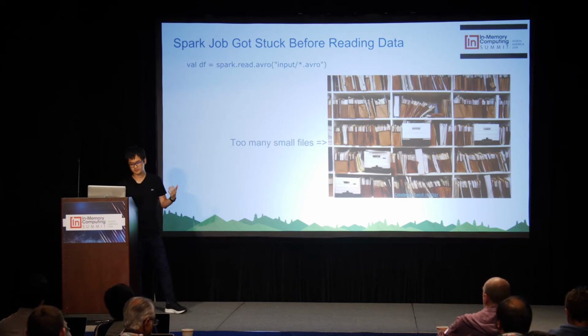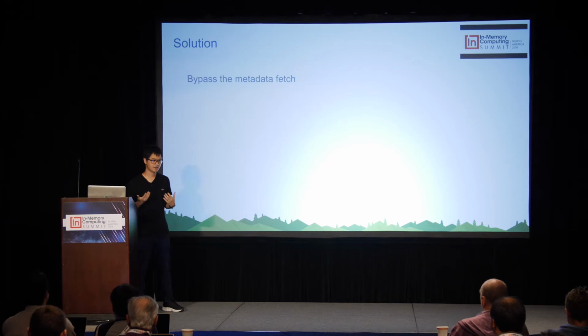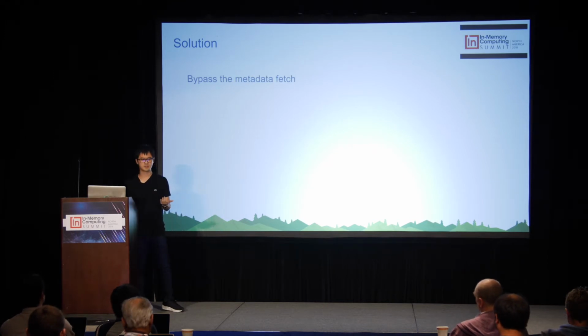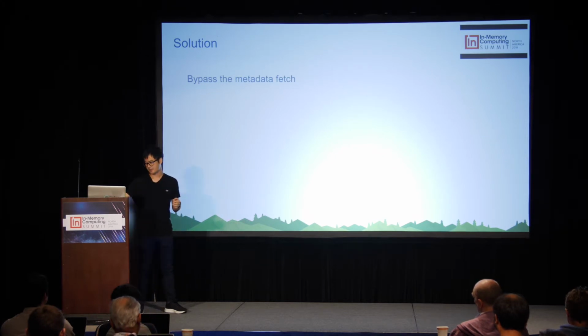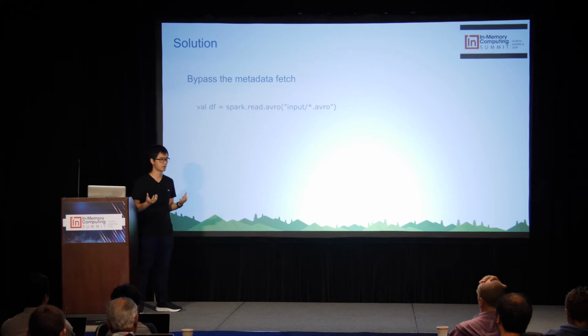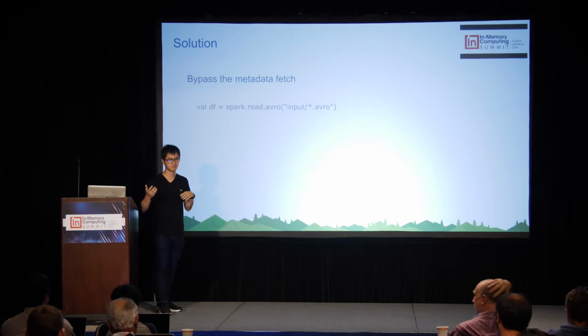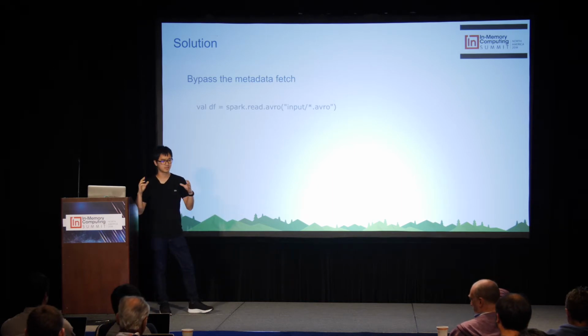So for some hacking or some short-term solution, we say, okay, I know the size of each file is very small, and I know how many files I want to read. I will do the listing and provide the keys. I provide all Avro files at one time.